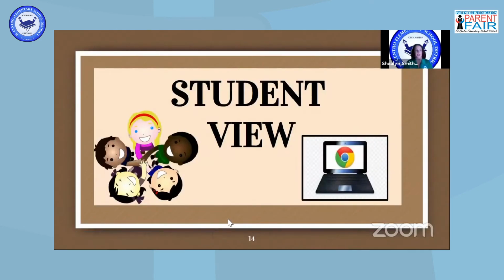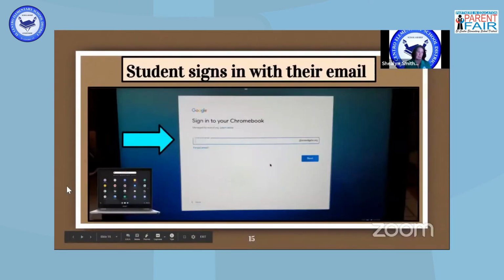Say, for instance, you want to sit down with your child in the evening and have them log into their Chromebook, into their Google Classroom, so you can check things out and see what's going on. So we designed this part of the presentation for student view. This is what your child, what our students, see when they're logging into their Google account.